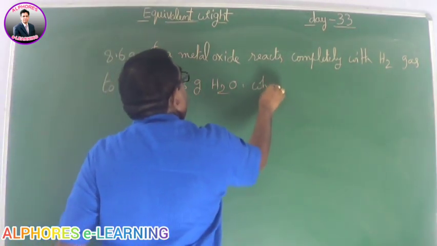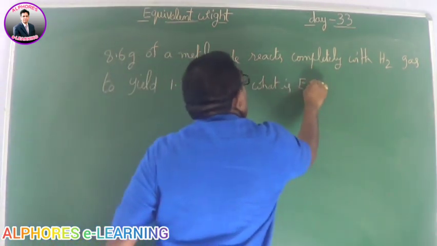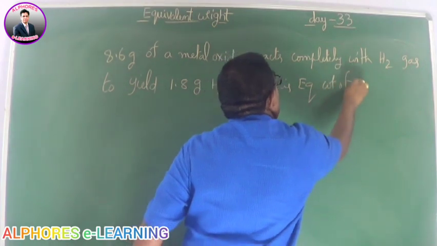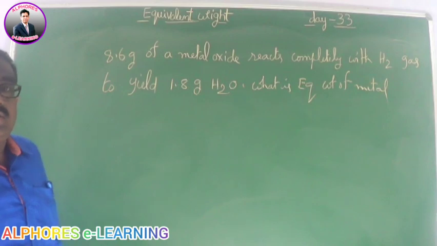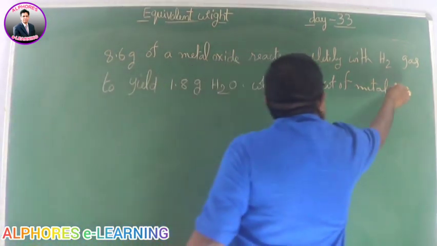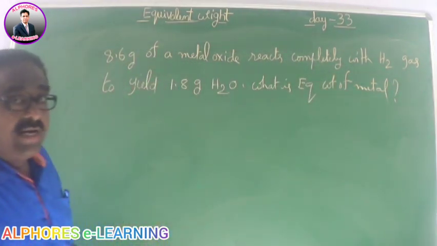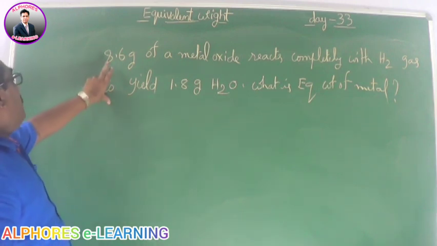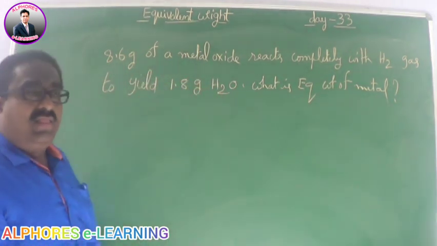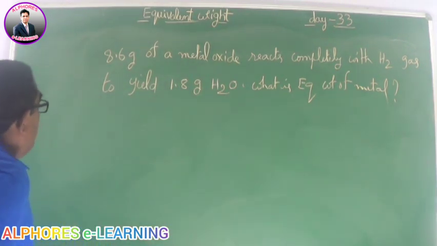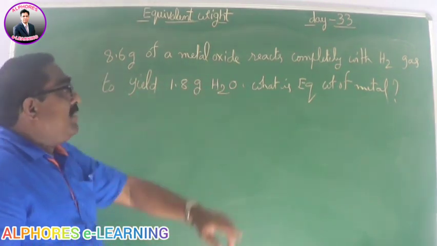What is the equivalent weight of the metal? That's what he has asked. Let me repeat the data once again, students. 8.6 grams of a metal oxide reacts completely with hydrogen gas to yield 1.8 grams of H2O.